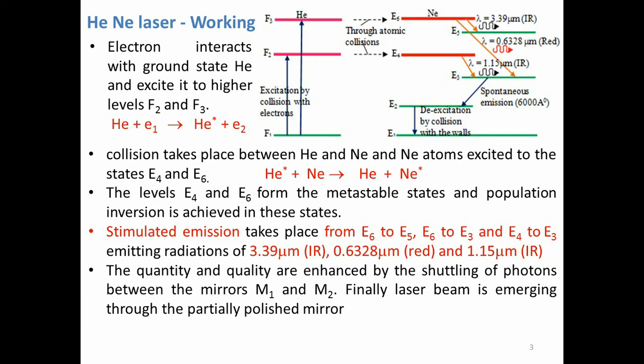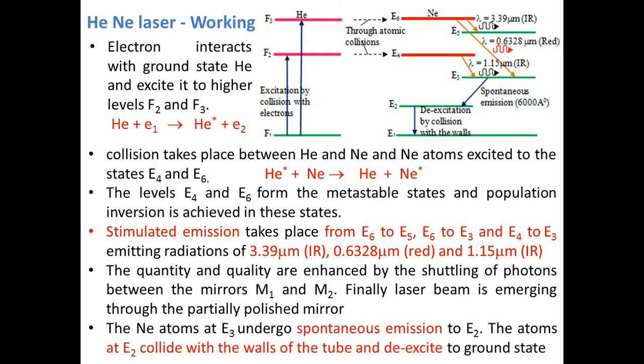Then these photons produced during stimulated emission are enhanced by the shuttling process of the photons between the mirrors M1 and M2. Finally, the laser beam emerges through the partially polished mirror. Then now the neon atoms are in E5 and E3.